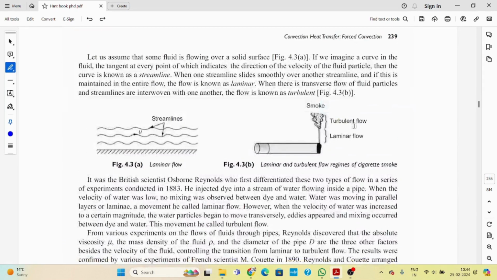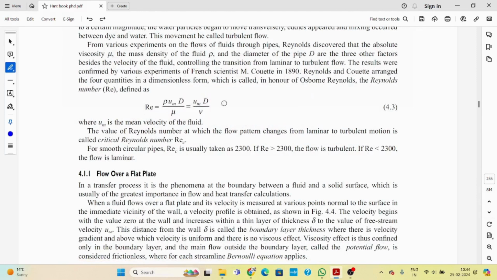Next, this is the case of turbulent flow, laminar flow, and streamline. The streamlines are parallel, and they do not intersect each other. In turbulent flow, there is a zigzag flow pattern. It is decided by a number called the Reynolds number.